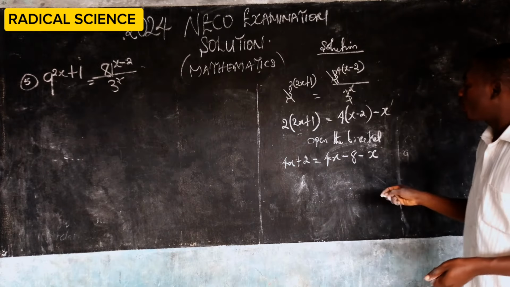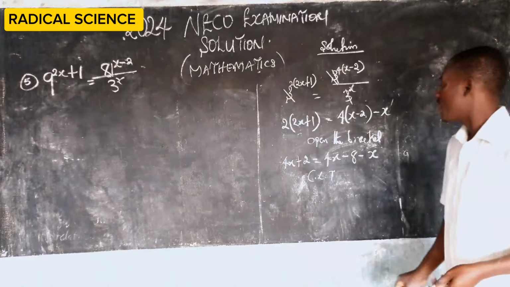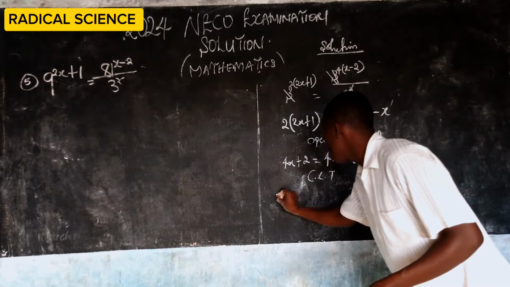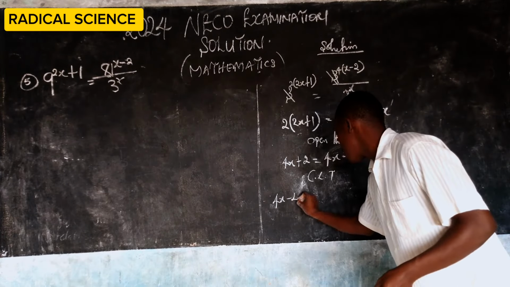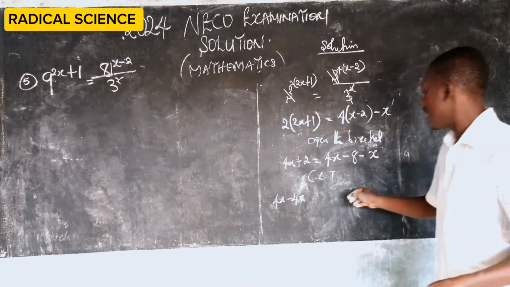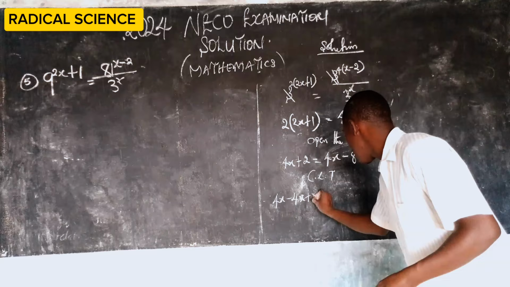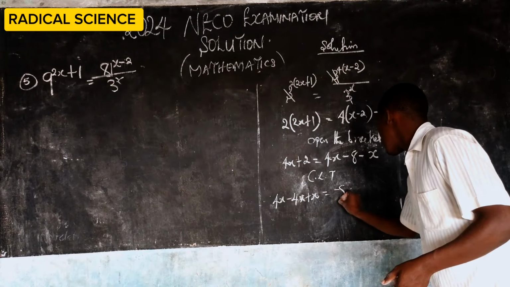At this point, I'm going to collect like terms. I will have 4x. This one crossing over becomes minus 4x. And minus x crossing over becomes plus x. I will have equal to minus 8.